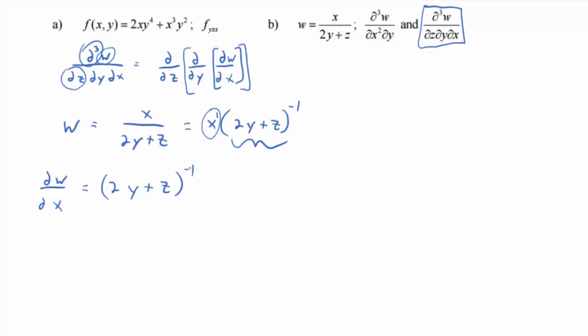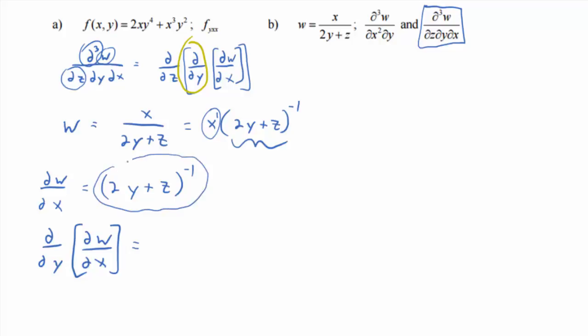But now what are we doing? We're going to take the derivative of that with respect to y, right? So we'll go for the partial of the first derivative with respect to x, with respect to y, if that makes any sense at all. So the notation would look like that for the second derivative. Then you just have to take the derivative of this guy with respect to y.